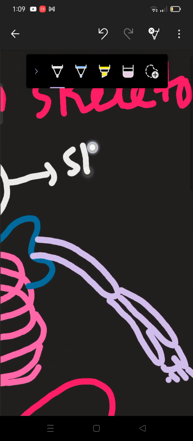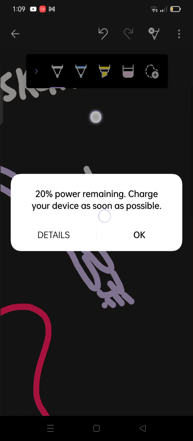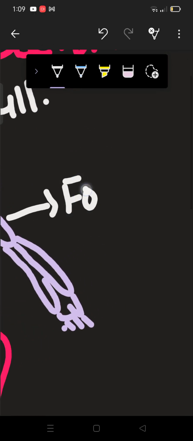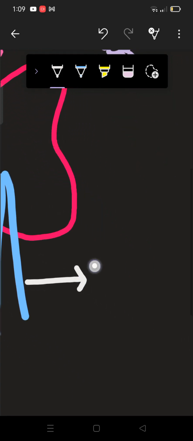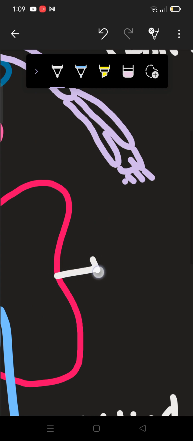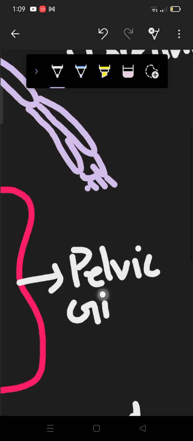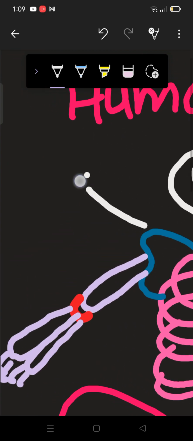So this is the skull. These are 4 limbs, and these are hind limbs. This is the girdle, which is the pelvic girdle. Then again here we have the pectoral girdle.